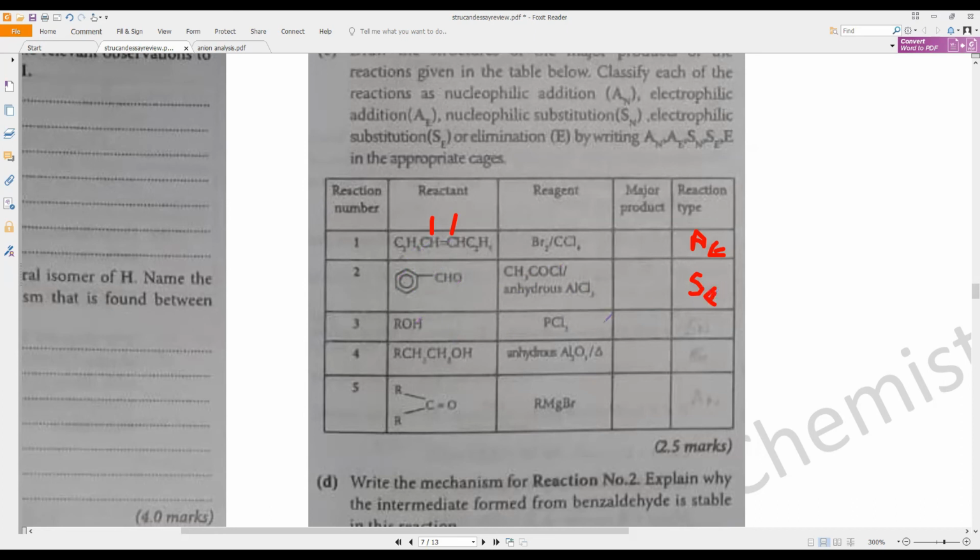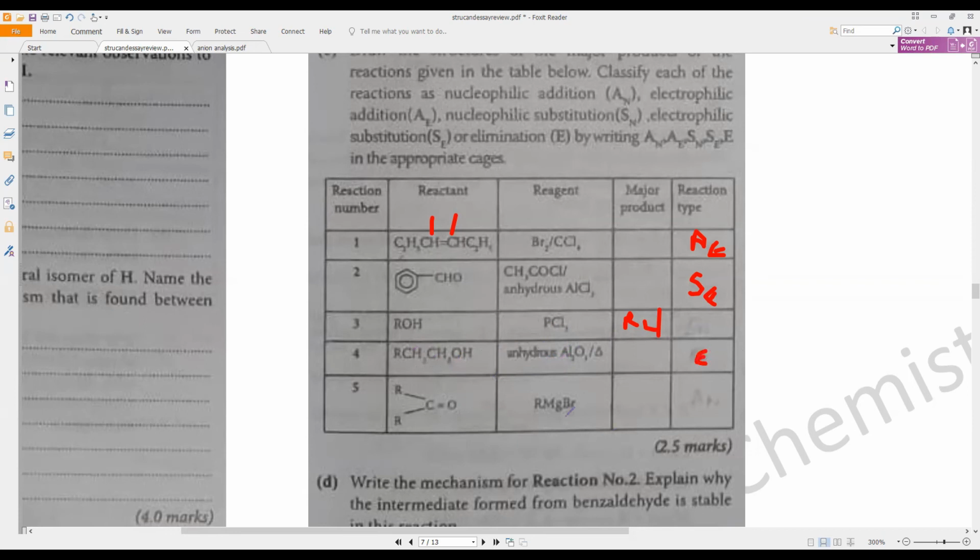And ROH will be reacting with PCl3 to form RCl, which is nucleophilic substitution. And when you have an alcohol, you add either conc. H2SO4 or anhydrous Al2O3, and then you heat. So you will have the dehydration of alcohol, where water is removed. So basically this is an elimination reaction.